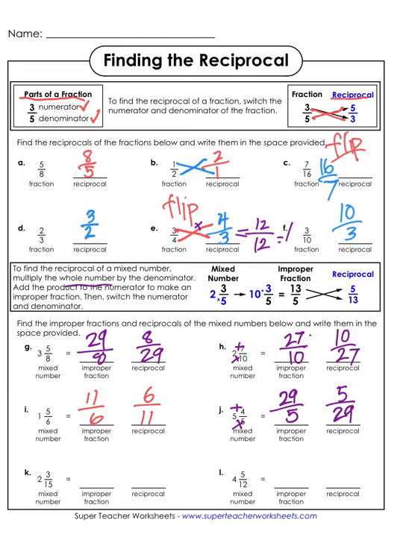All right, and K, we have 2 and 3/15. I'm going to find my improper fraction, which will be 33 over 15. To find that reciprocal, I'm going to flip, which gives me a final answer of 15 over 33.